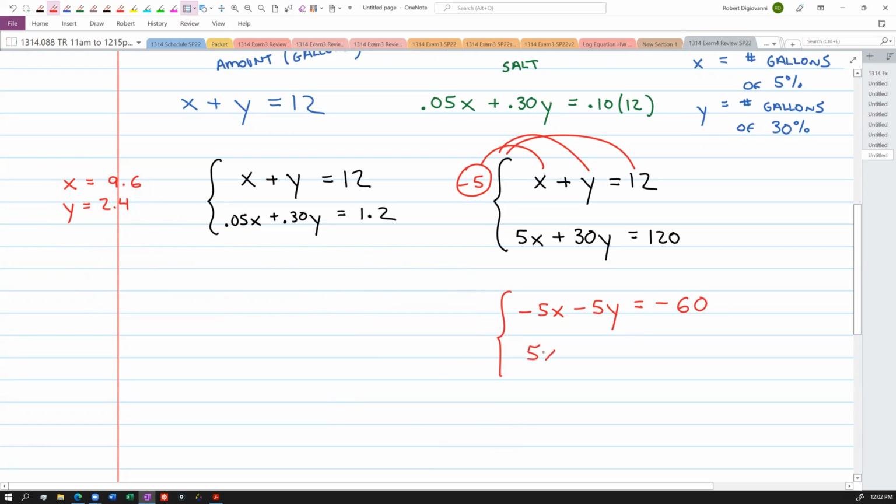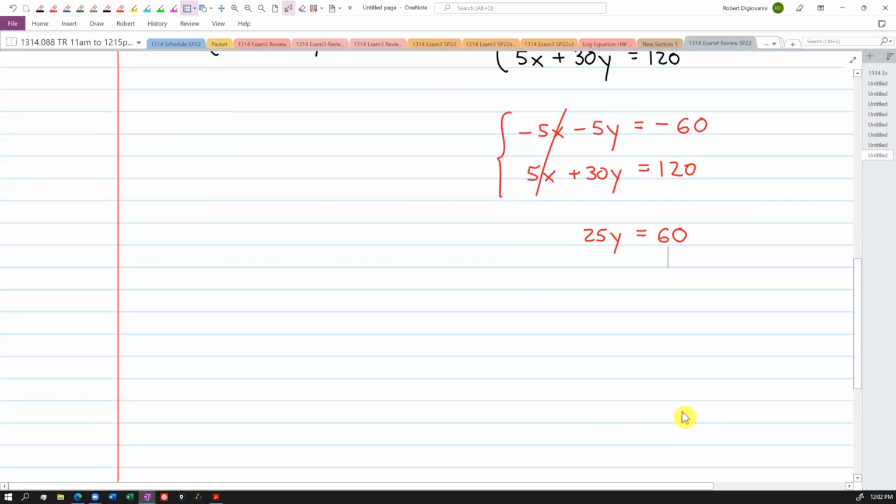And then 5x plus 30y equals 120. The x's are going to cancel when we add down. We should get 25y equals 60. And dividing both sides, 60 divided by 25, 2.4. Okay, this is right.